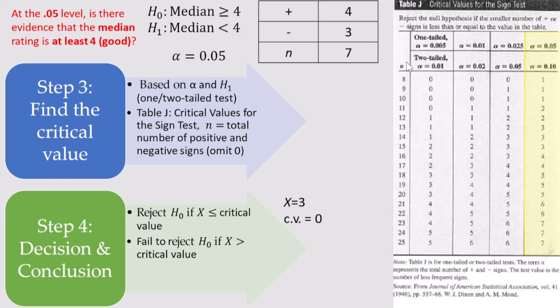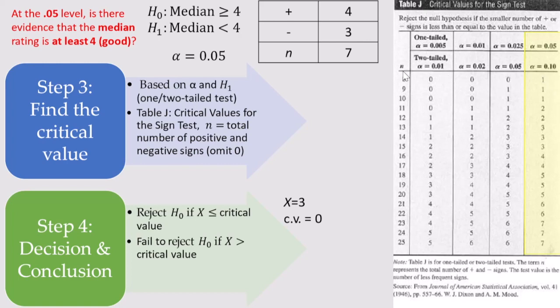Okay, and next we will look for N. N is simply the total number of positive and negative signs, which was 7. We have determined this before. And look, N equal to 7 is not even in this table. The table started with N equal to 8. The critical value was 0, 0, and 1.